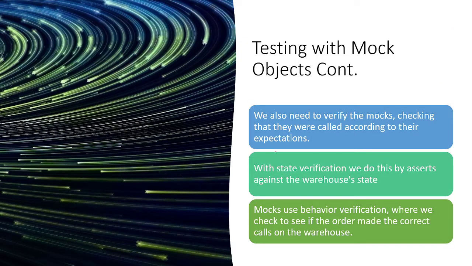So we also need to verify the mocks, checking that they were called according to their expectations. With state verification, we do this by asserting against the warehouse's state. Mocks use behavior verification when we check to see if the order made the correct calls on the warehouse.